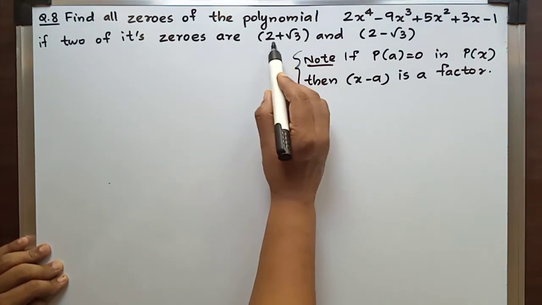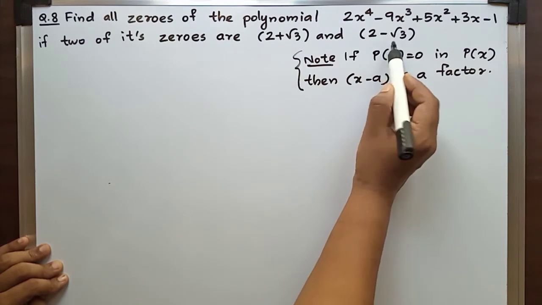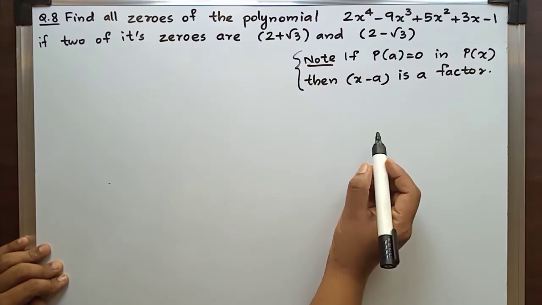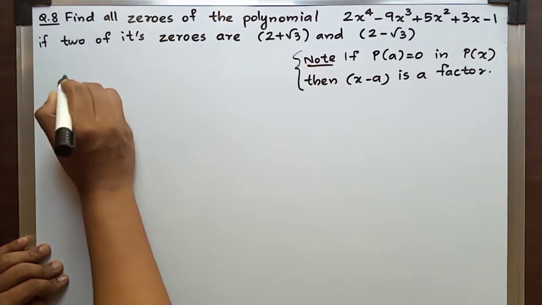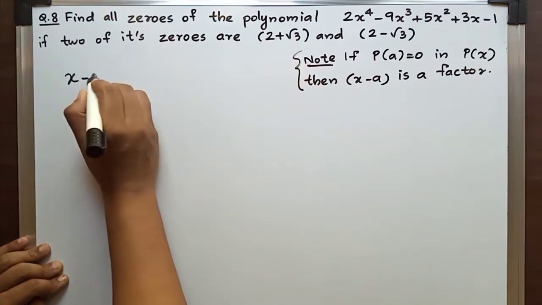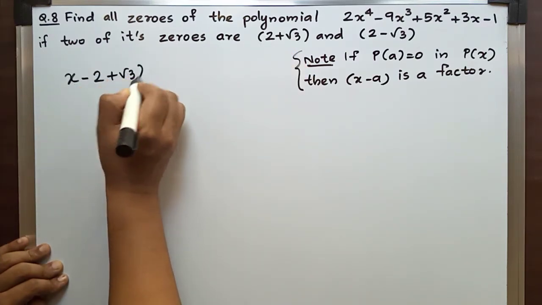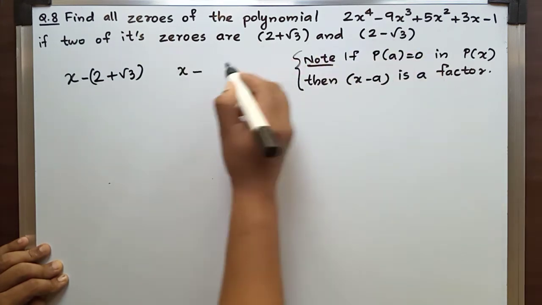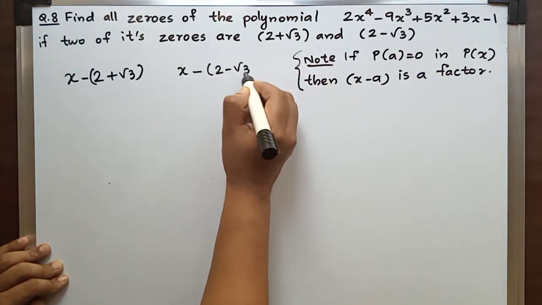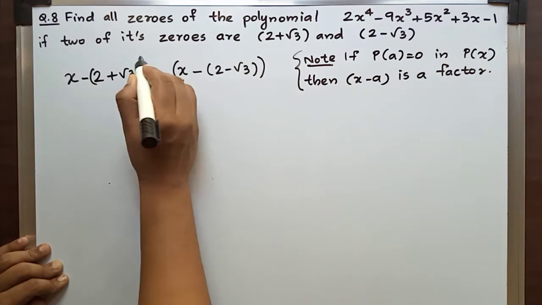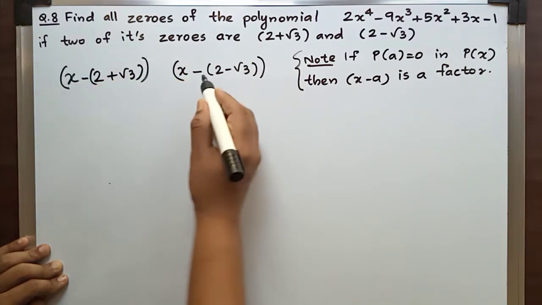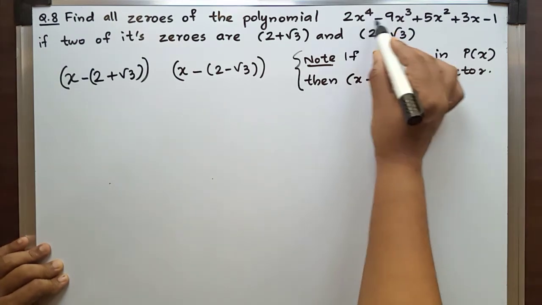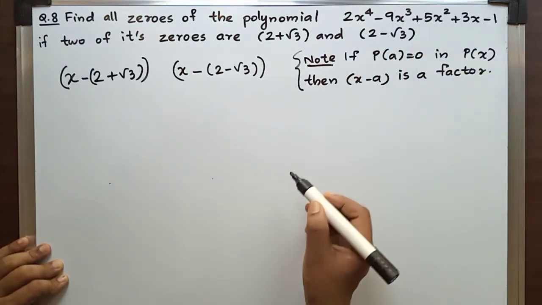See, in this question, 2 + √3 and 2 − √3 are two zeros of the polynomial, which means x − (2 + √3) and x − (2 − √3) are two factors of this polynomial in x.